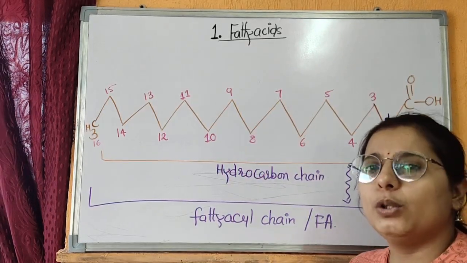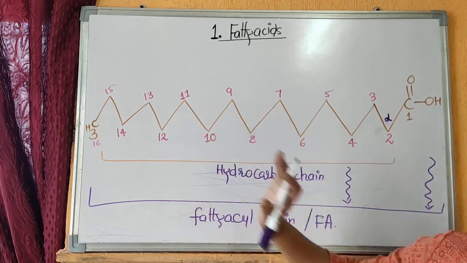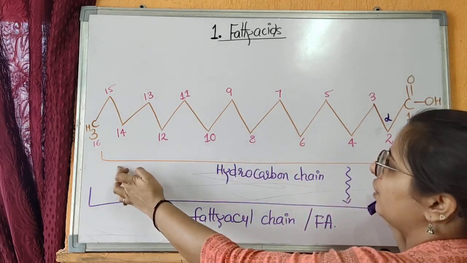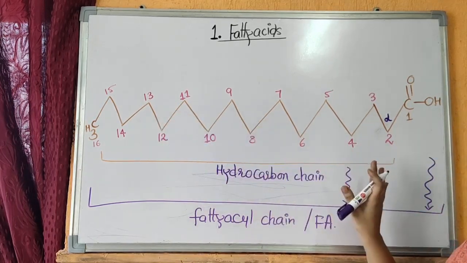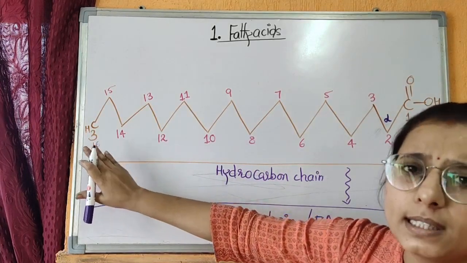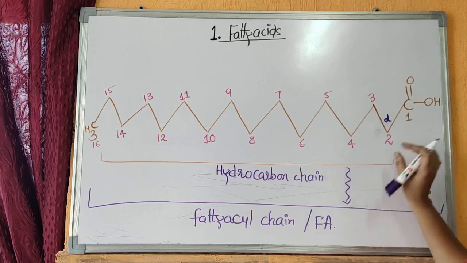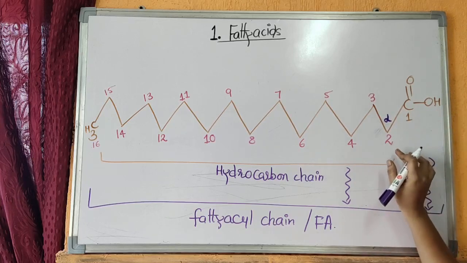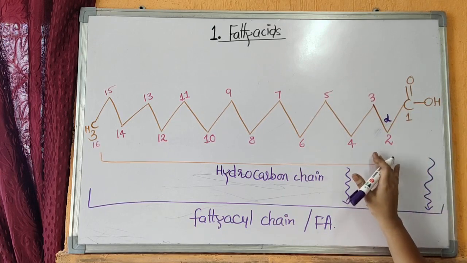A fatty acid molecule has the simplest structure of a lipid, where it has a long chain of hydrocarbon. Here we have presented a fatty acid having a total carbon number of 16, where the carbon numbering starts with the carboxyl group and the second carbon is always represented as the alpha carbon.